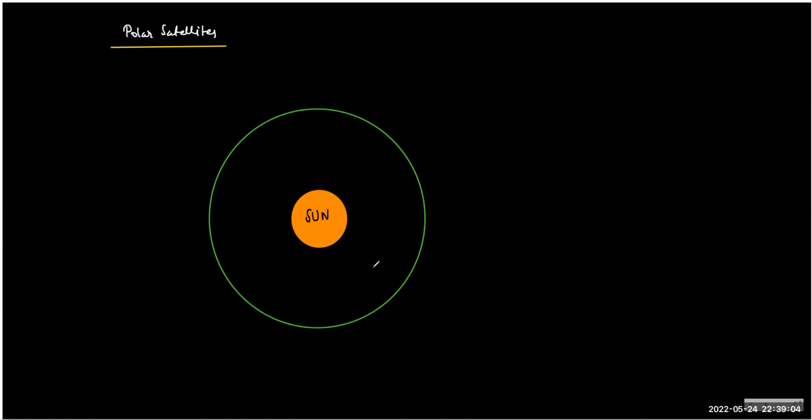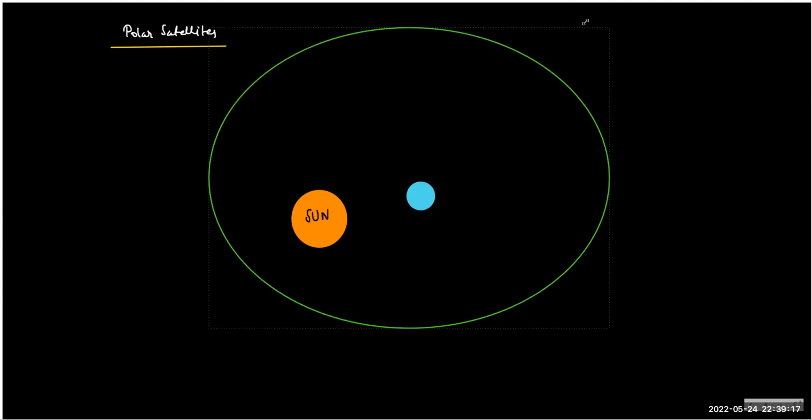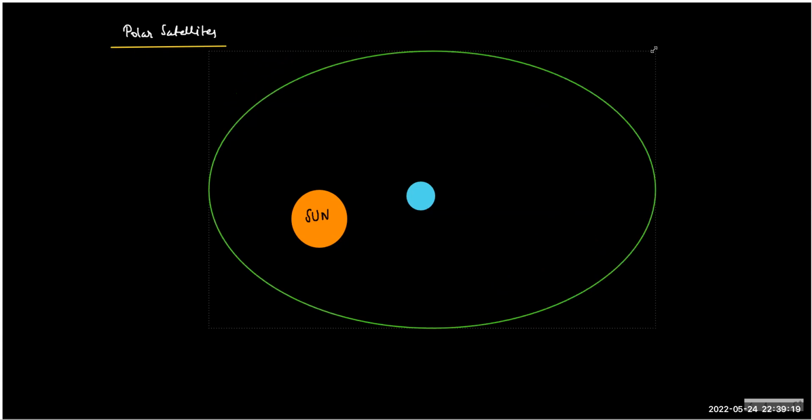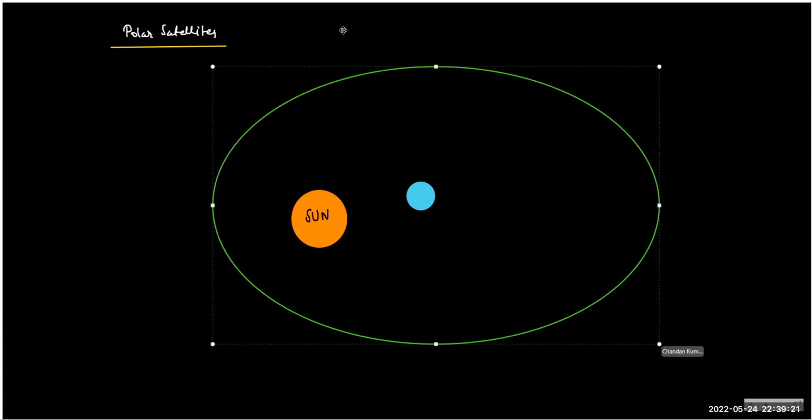So in case of a polar satellite, let's say this is the Earth. Okay, if I draw very small, it's not a good idea. So we know that the Earth is moving in an elliptical orbit.